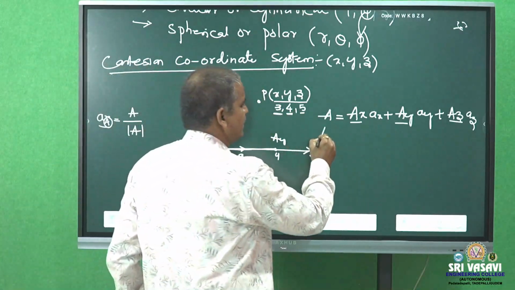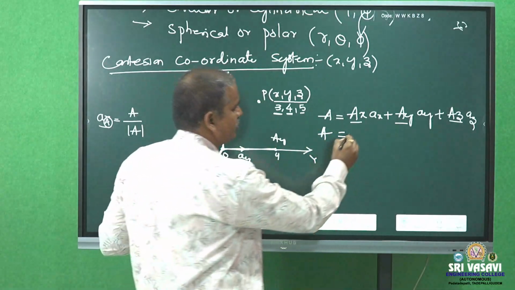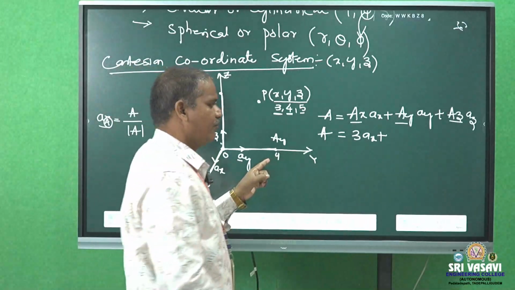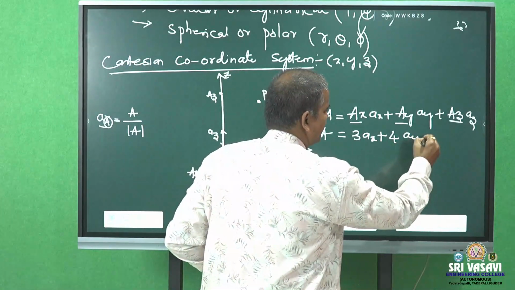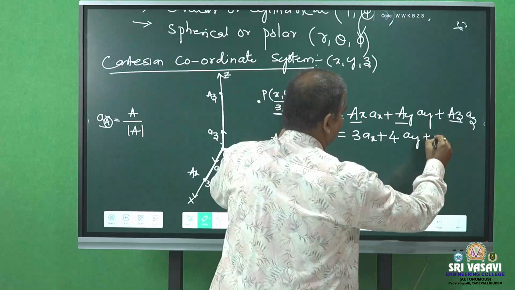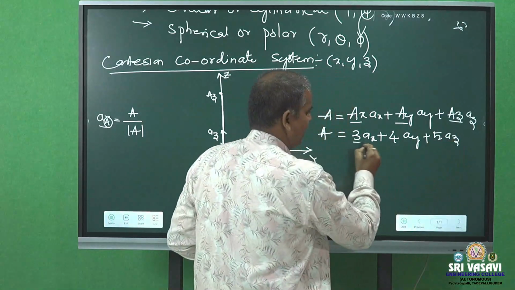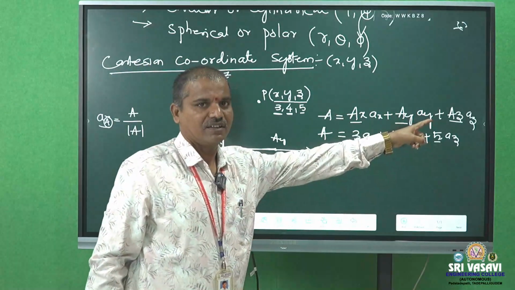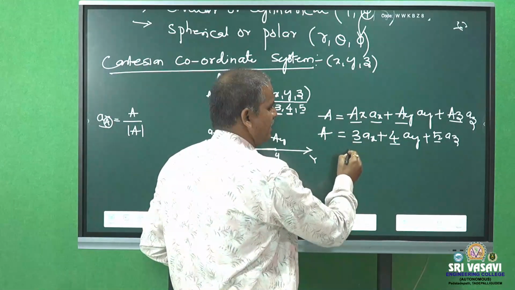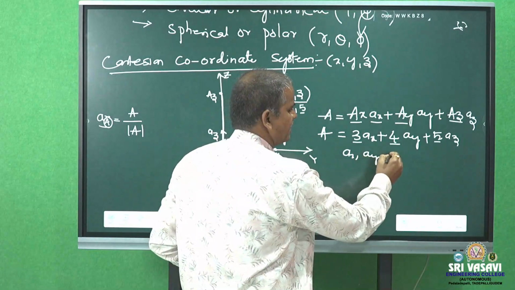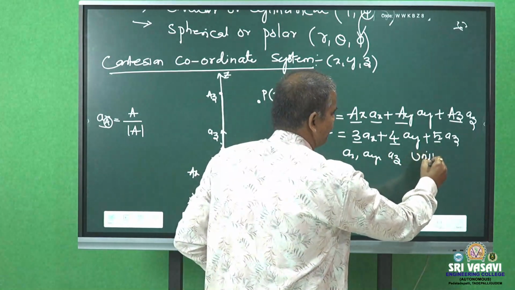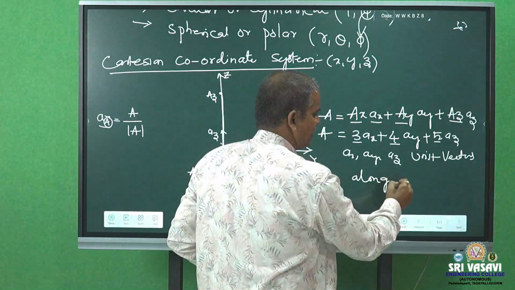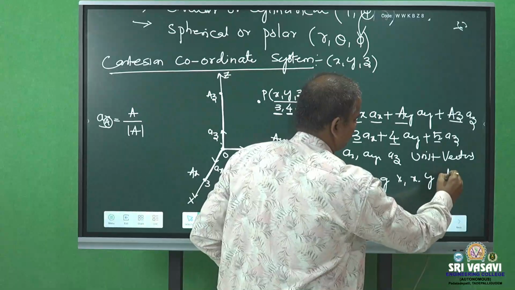The component along x direction is 3. You may write 3 into ax plus, along the direction of y, 4 into ay, plus, along z, 5 into az, where 3, 4, 5 are components of A along the x direction, y direction and z direction. Similarly, ax, ay, az are unit vectors along x, y, z directions.